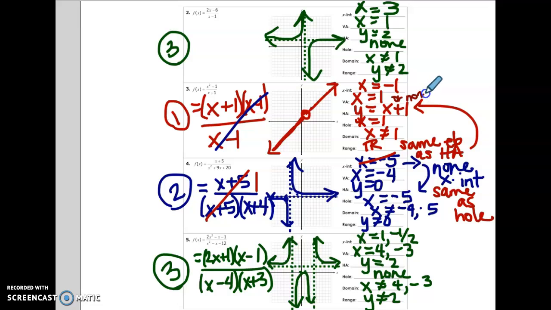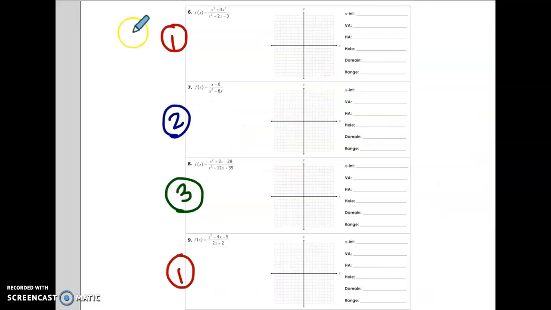Then on the next page, I want you to see if you can identify what the cases are, and then you'll have to check back with the completed notes to make sure you got them right. Here are the cases I have: 1, 2, 3, and 1. And again, check the completed notes. Let me know what questions there are, but use your calculator.